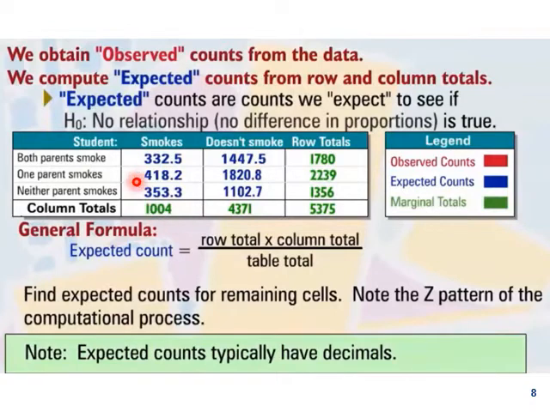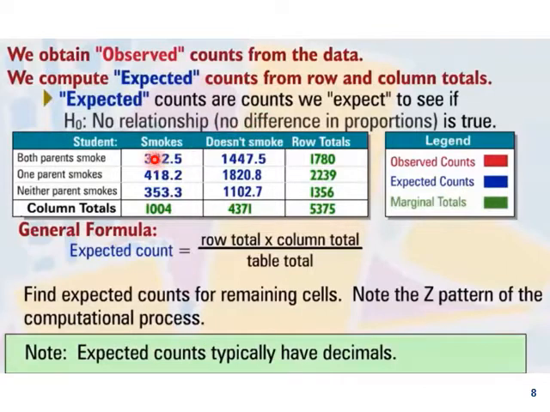So we calculated all the values, but one thing is different: earlier, the observed counts have no decimal points, but here, because we are calculating these values, the expected counts are in decimal values too. The expected counts are the counts we expect to see if the null hypothesis of no relationship is true.